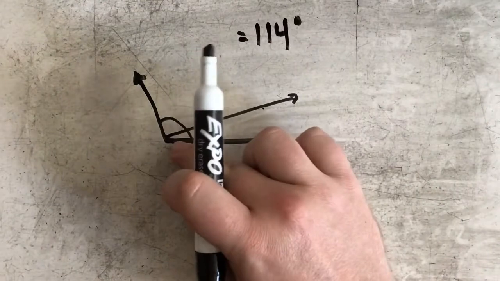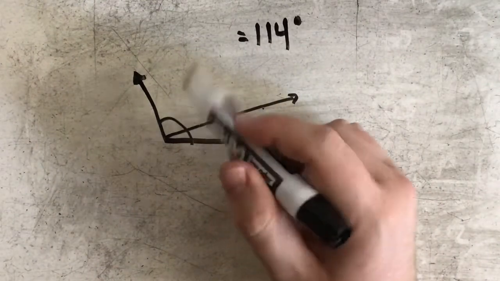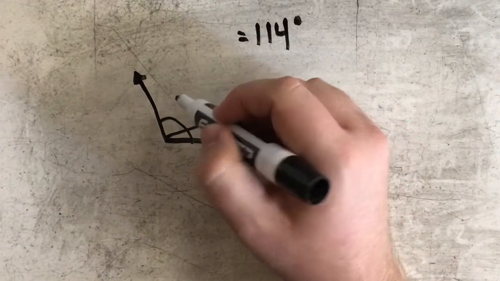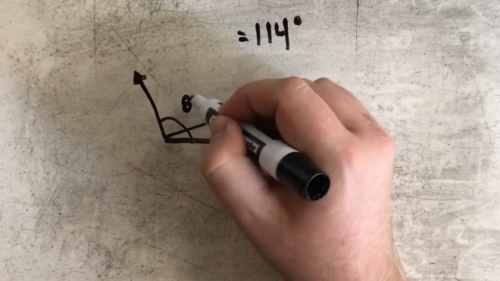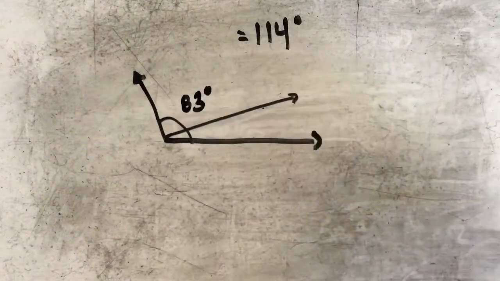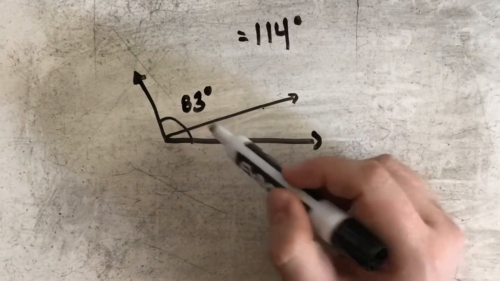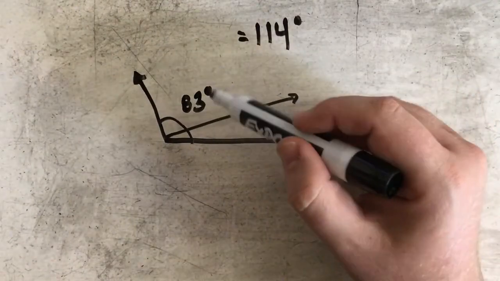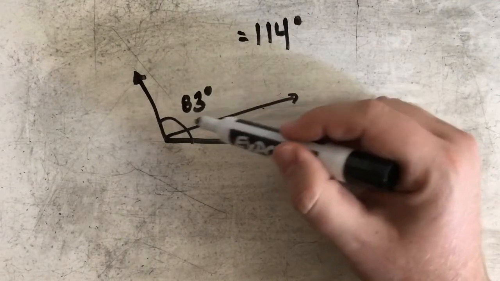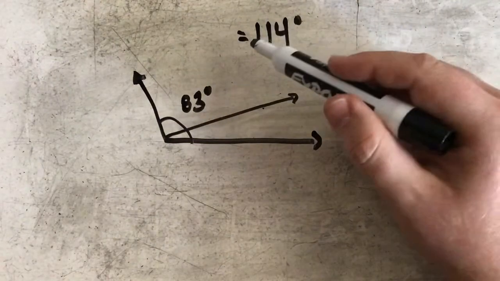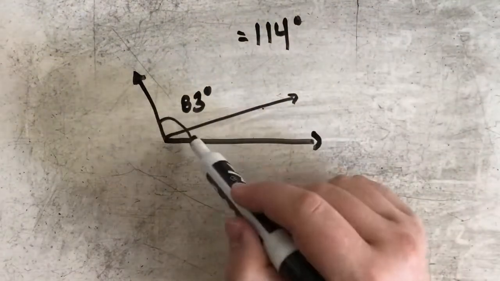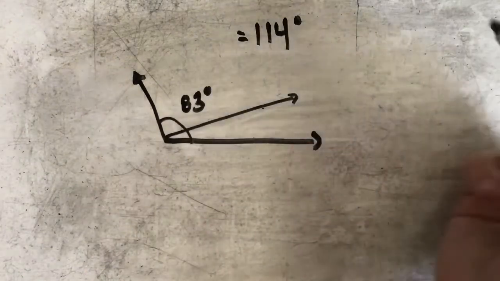And we'll say that this larger angle up here measures 83 degrees. So now to find this smaller angle down here, I'm going to need to subtract the piece I do know, which is 83 degrees, from the entire angle's sum, which is 114 degrees.